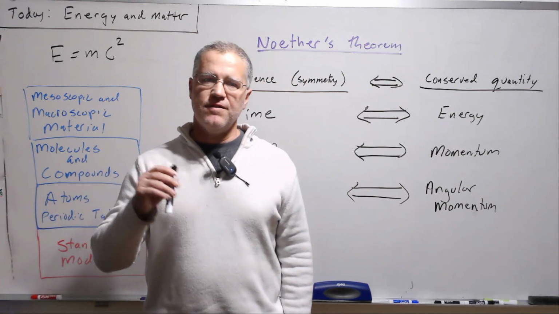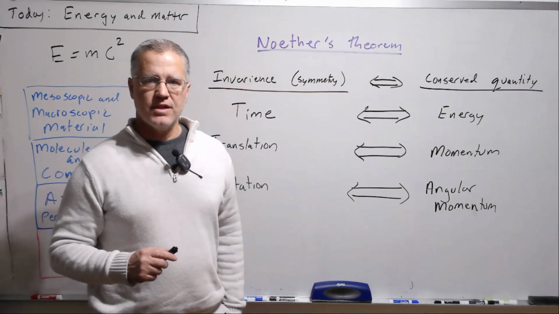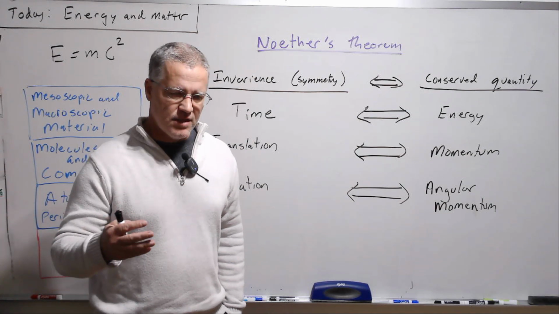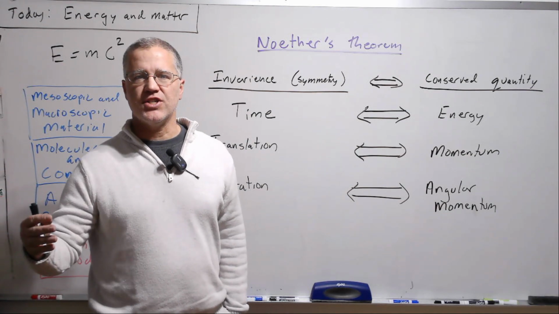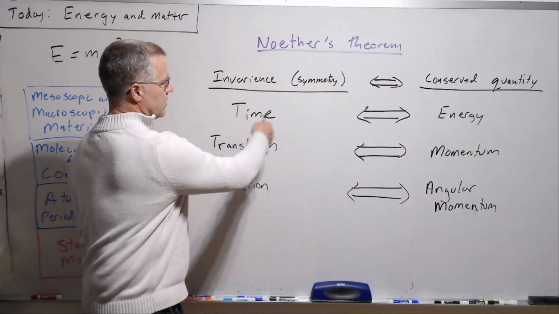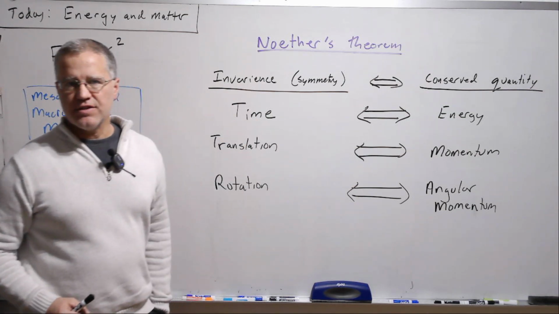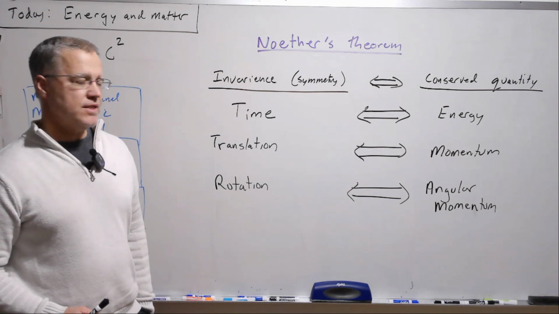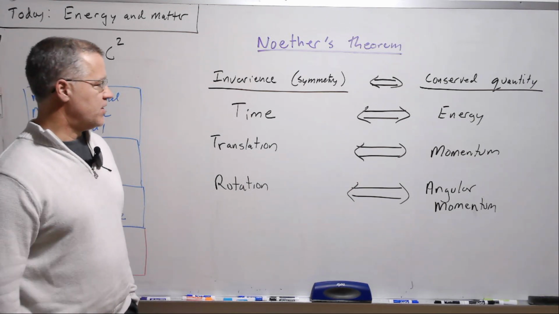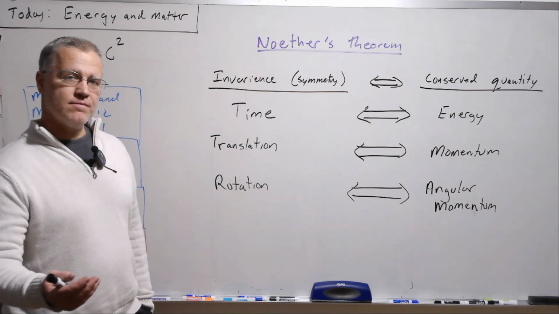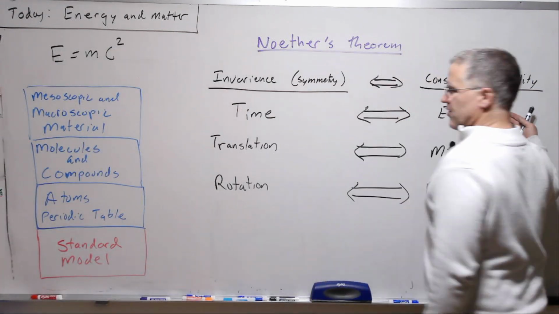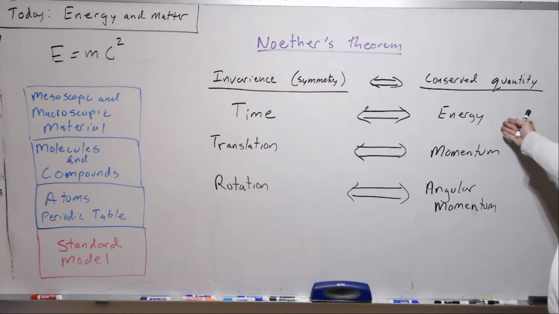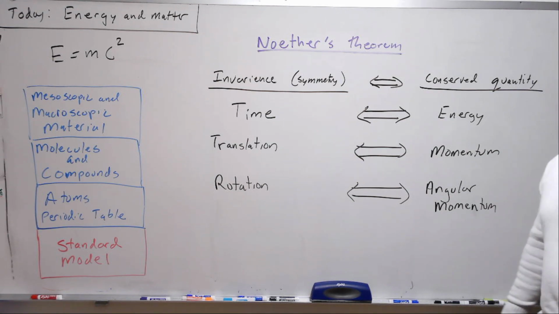And so the very storied and important theorem or law of conservation of energy is the partner to the invariance of time in physics. So conservation of energy is because of time invariance in physics, or the observation of conservation of energy must mean that physics is time invariant.